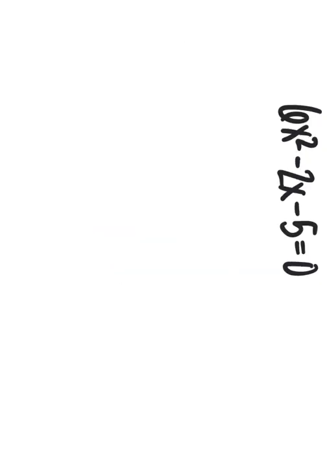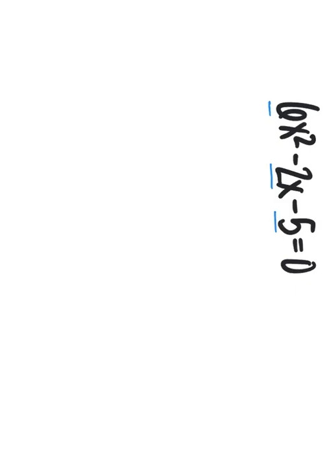On this last one, I'm just going to assume that it is not factorable, and I'm going to jump straight into the quadratic formula. So we're going to identify a, b, and c first. So we know that a equals 6, b equals negative 2, don't forget those negatives, and c is equal to negative 5. From here, I always write down the quadratic formula.